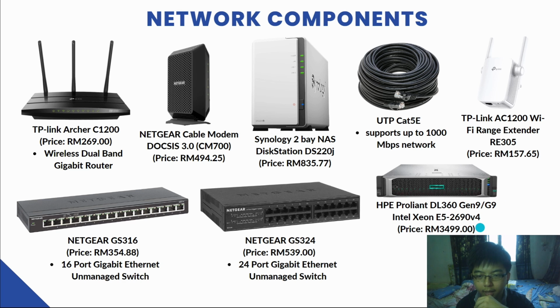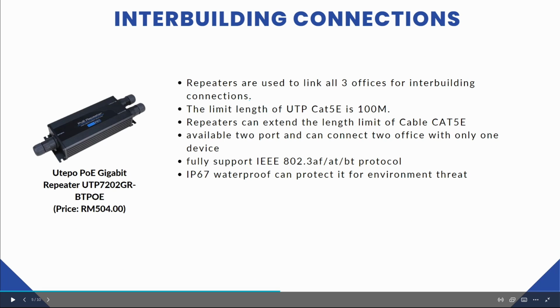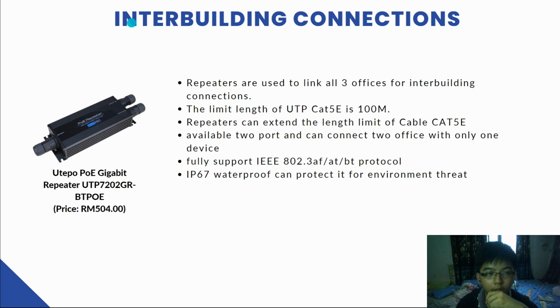At the same time, this web server has a core count of 14 and runs up to 5 GHz. Besides that, this web server can also install up to 32 GB of RAM, which is more than enough for running a website.